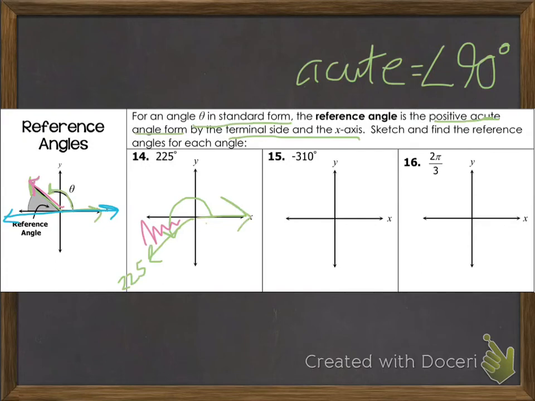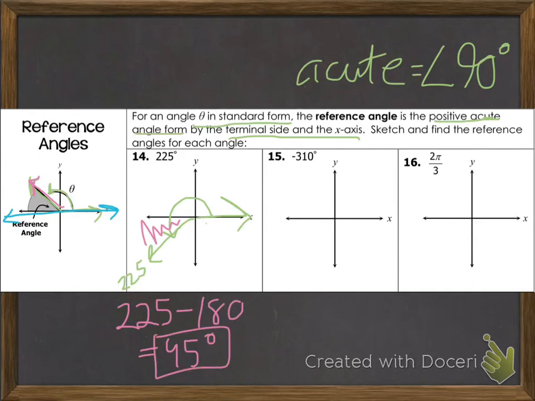So what we're going to do here is 225 minus 180, because remember, you want to keep it positive. So take the original angle and subtract 180. When you do that, you end up getting 45 degrees. And that is the reference angle.